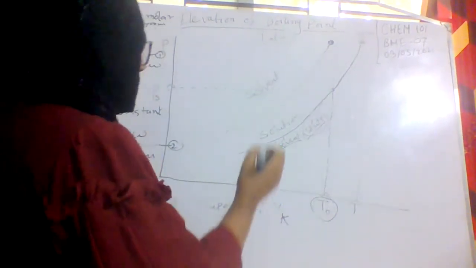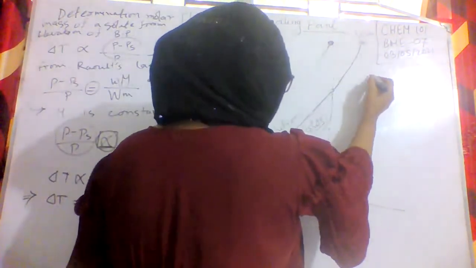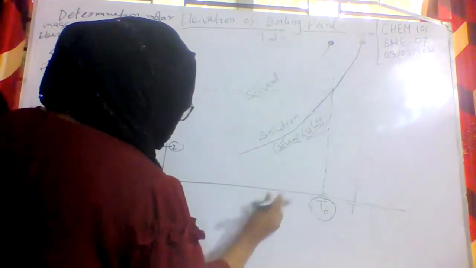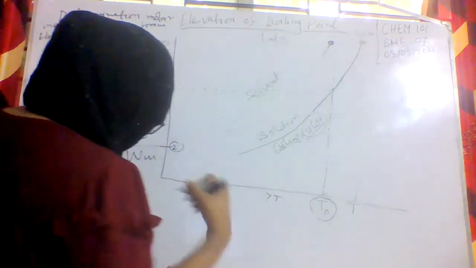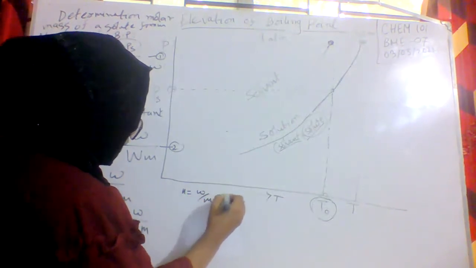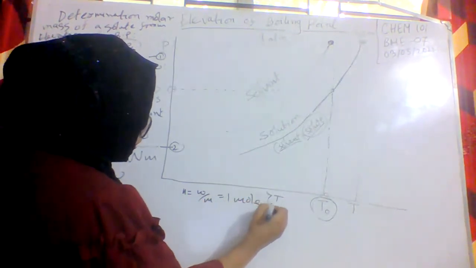That means, can you see this part? Now I am writing here. If I say n equal to W by M, that means 1 mole of the solute.